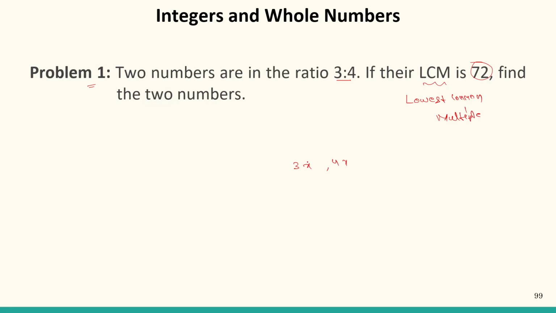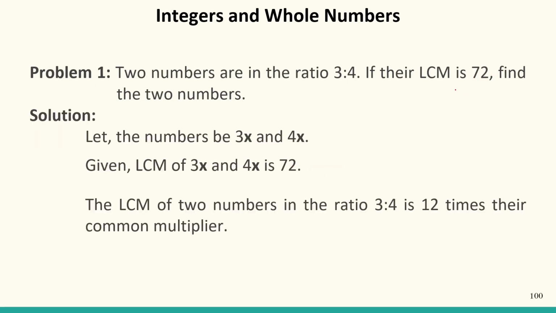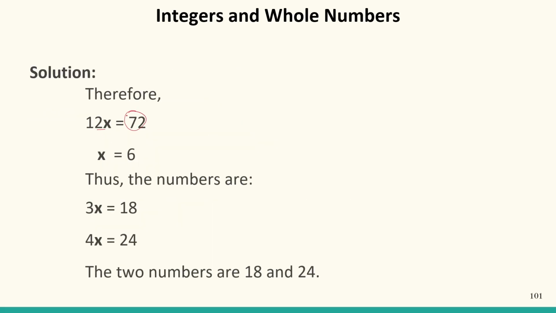So their common factor is x. It is given that their LCM is 72. The LCM of 3x and 4x is 12 times their common multiplier, therefore 12x is equal to 72.